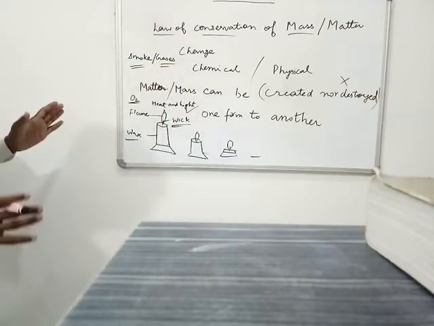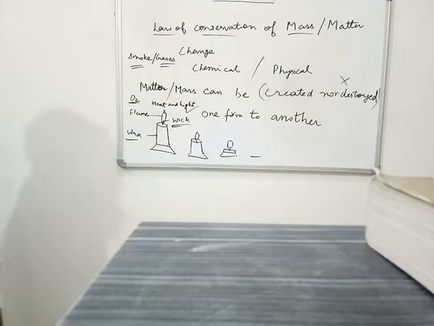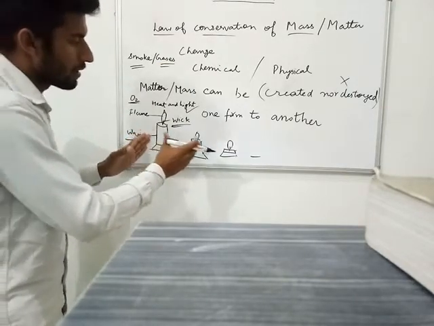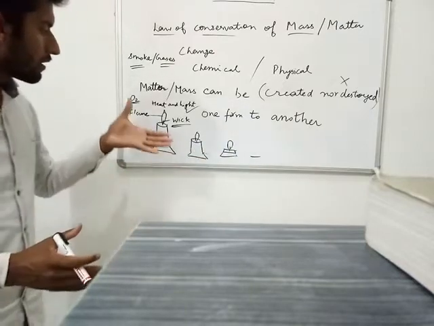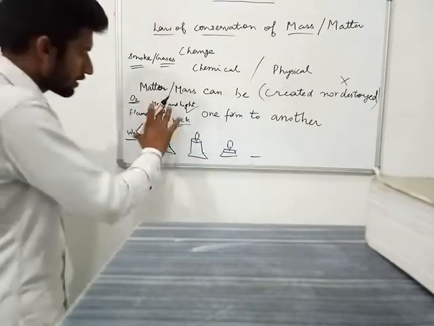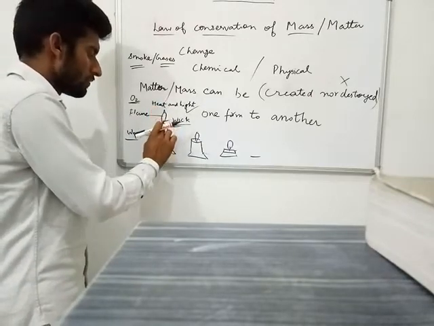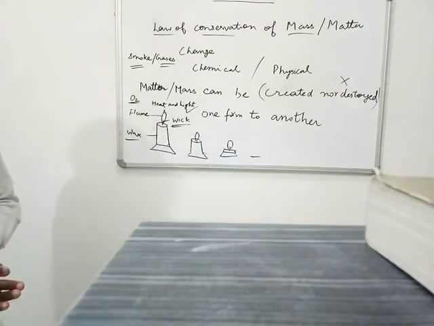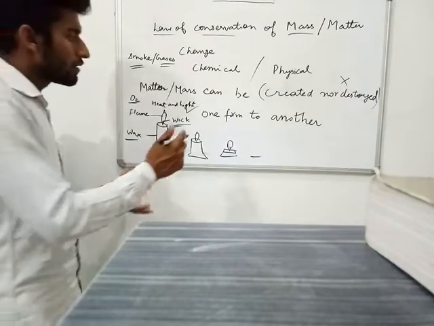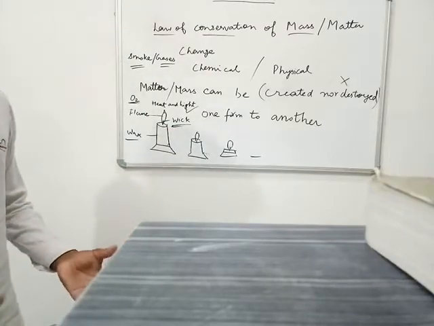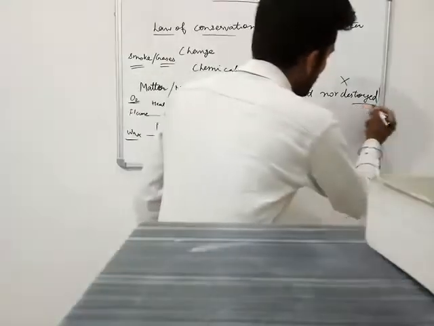Now if all these gases, smoke, heat and light are collected, that will equal the mass of the oxygen used from the atmosphere plus the mass of the wax plus the mass of the wick. That will always be equal. So here only a change has occurred, but there is no complete destruction.